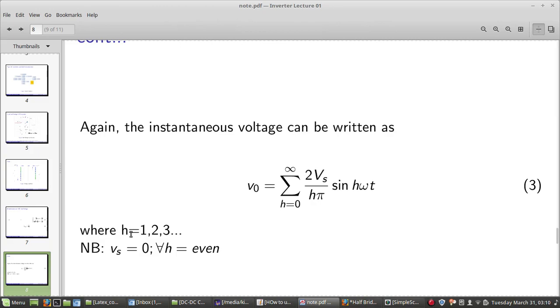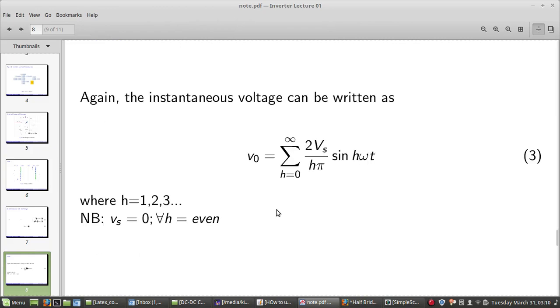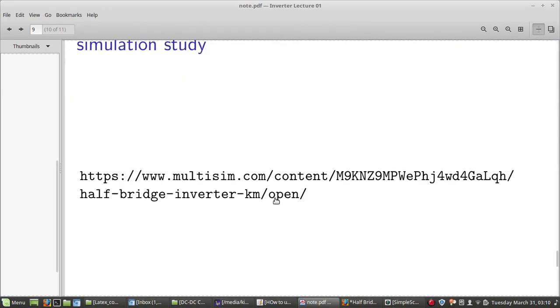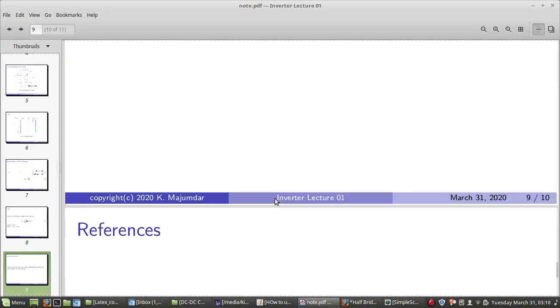Here I am putting h equal to 1, 3 and so on for all odd values. Note that for all even harmonics, the output voltage should be 0 because it is a square wave symmetry. Now these simulations can be studied here.